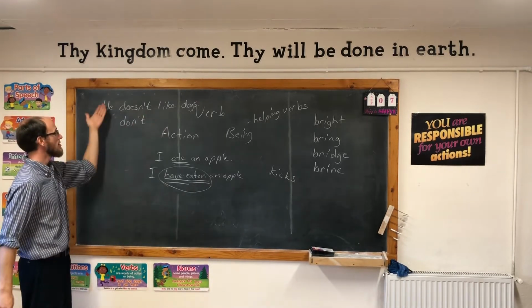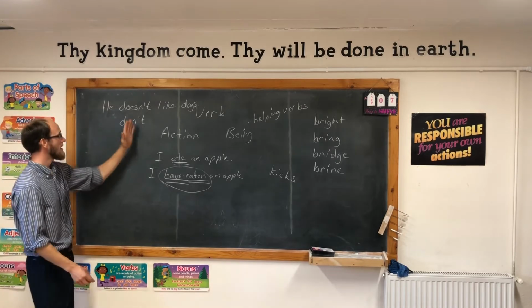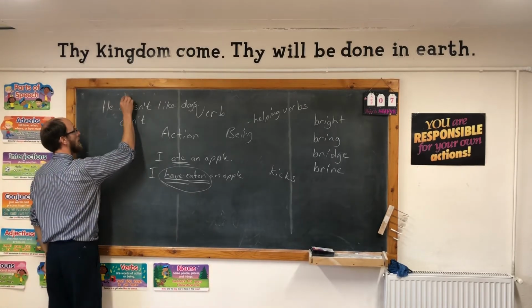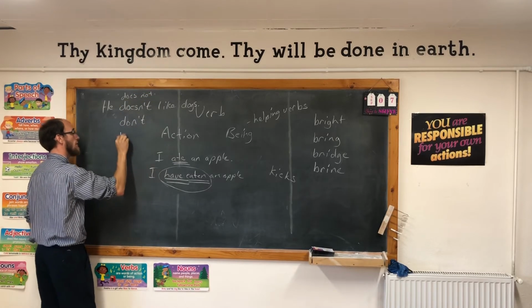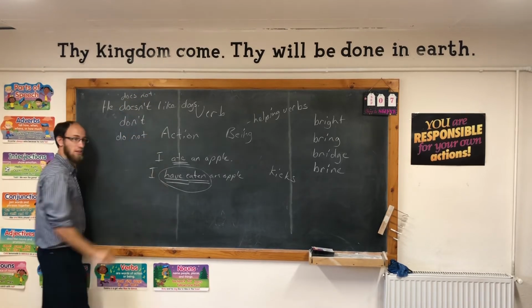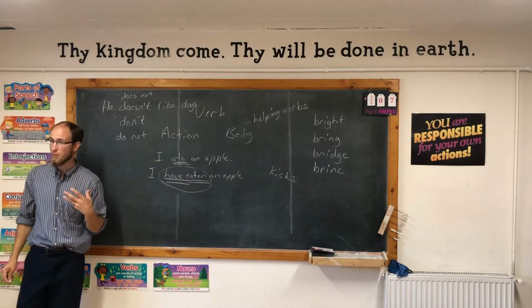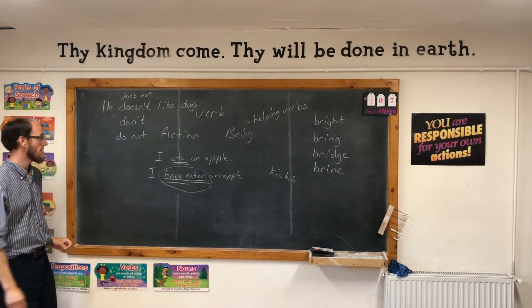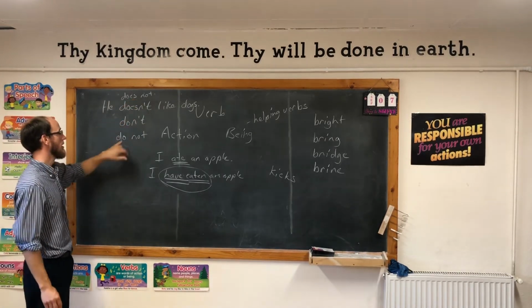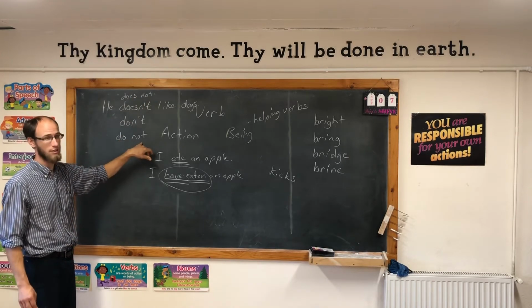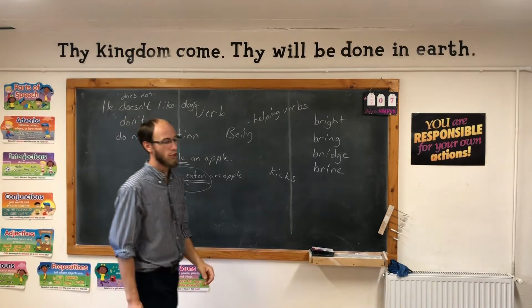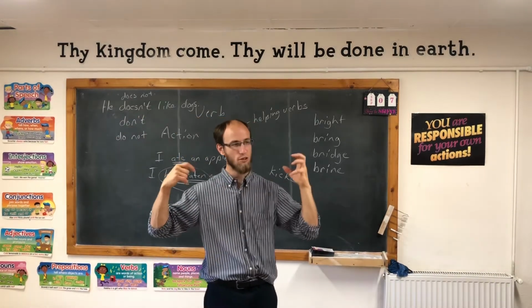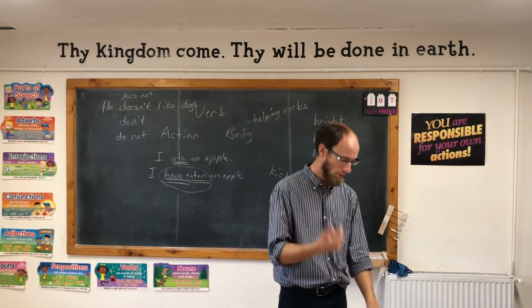What you do is take out the contraction and make this he does not like dogs or he do not like dogs. And then I think you can hear it right away. He does not like dogs is correct because this is singular. They do not like dogs. They, plural, a group of people, and we would use do. So for contractions, sometimes break those contractions into more than one word, and that will help you know whether it's singular or plural.